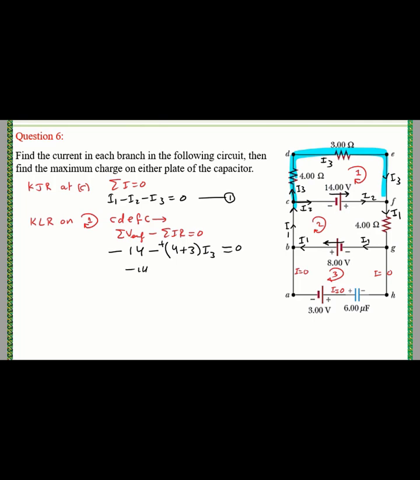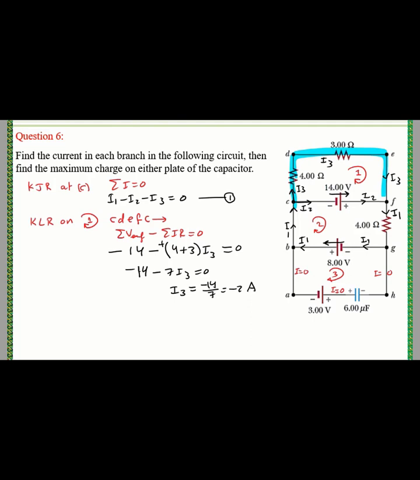So minus 14 minus 7I3 equals 0. I3 will be equal to minus 14 over 7, which is minus 2 ampere. It is against the direction that we suggested before.